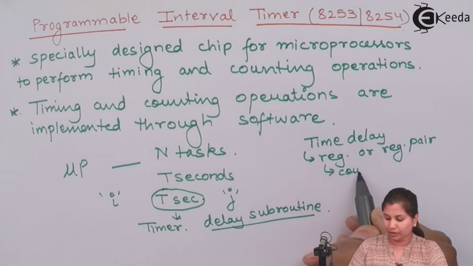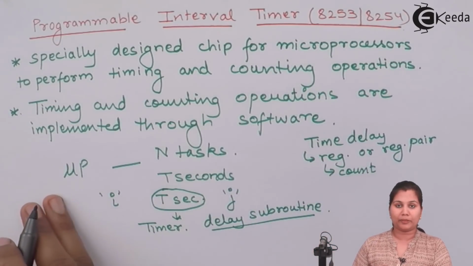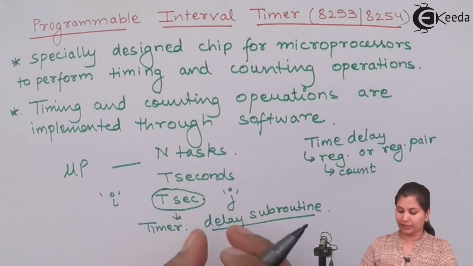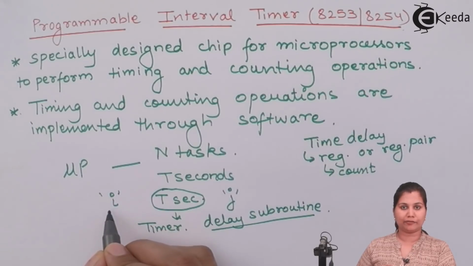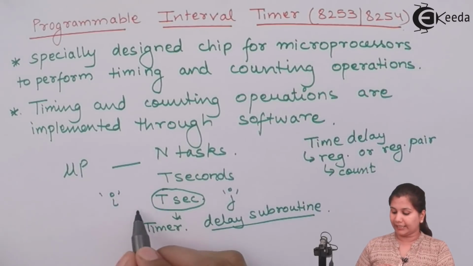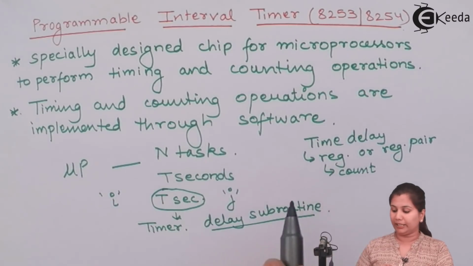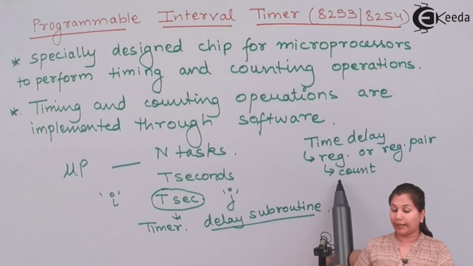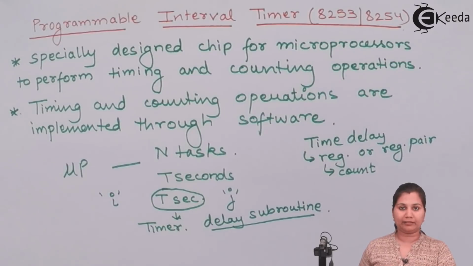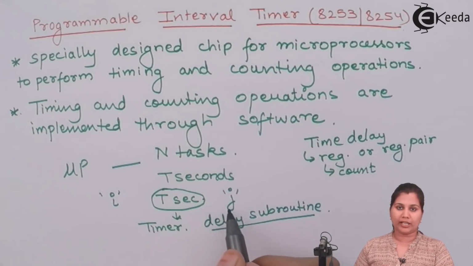Now each time the microprocessor performs a task, because it has to perform n tasks, after the first task i is completed, it will call that subroutine. It will initialize the register or register pair by the count, then it will decrement the count until it becomes 0, and when the count is 0, it is going to perform the j task.